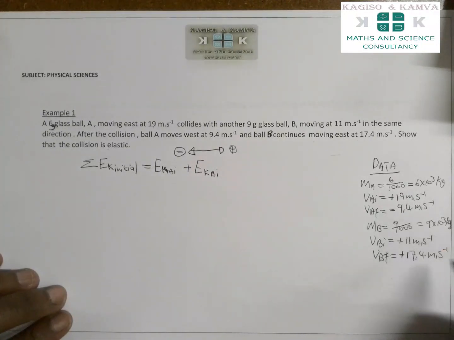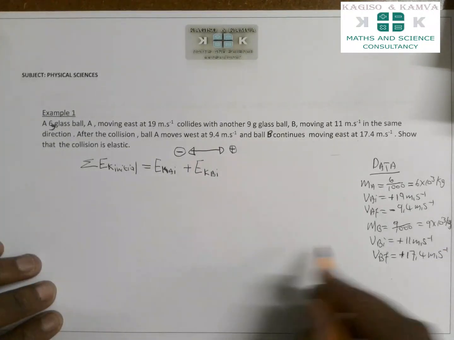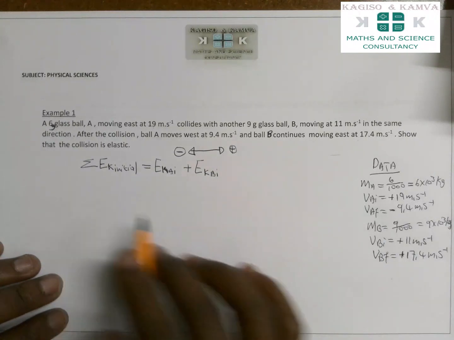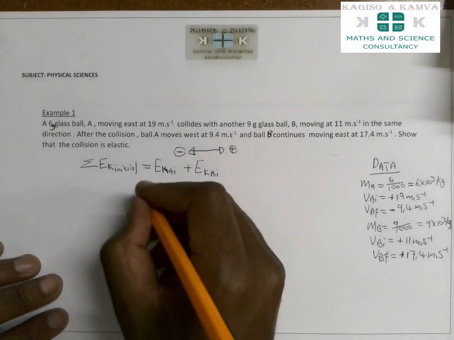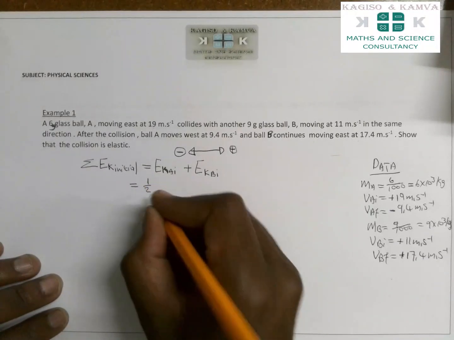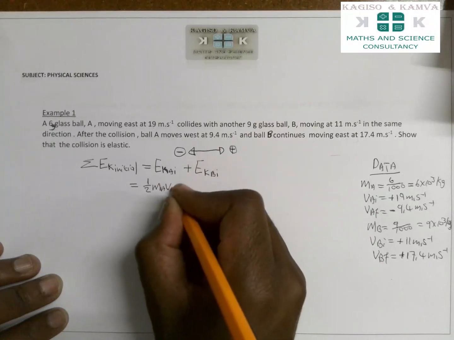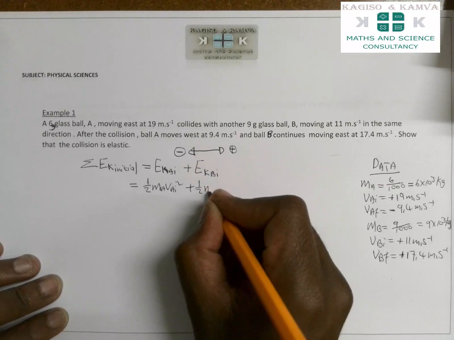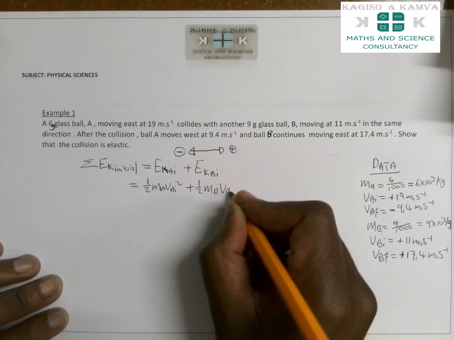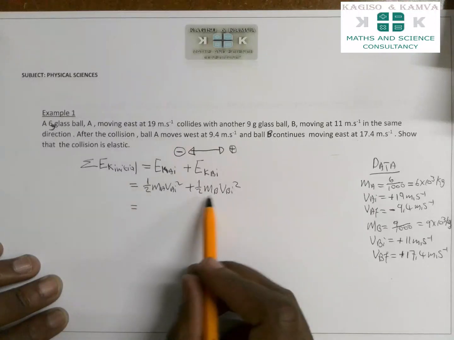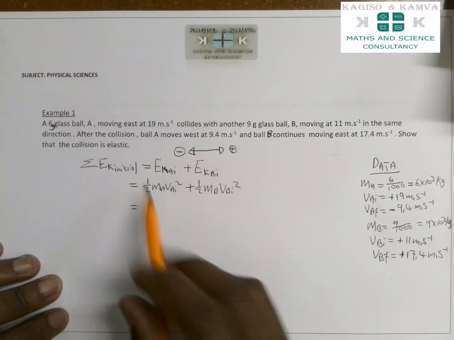From here I think we've got enough information. Now let us substitute in our formula. That will be half MA VAI squared plus half MB VBI squared, because we're looking for the sum of kinetic energies before the collision, initial.